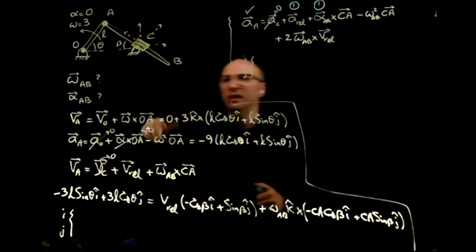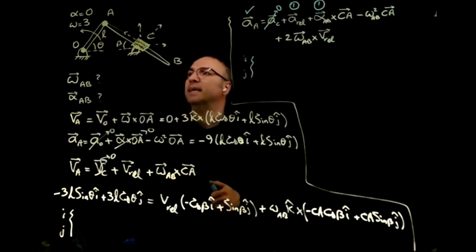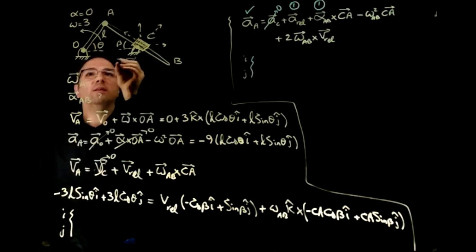So in this problem, we need some geometry as well. Let's say theta is given and L is given, this OA. And also, let's say another constant in our problem is the distance between these two bases. Let's call this L2.